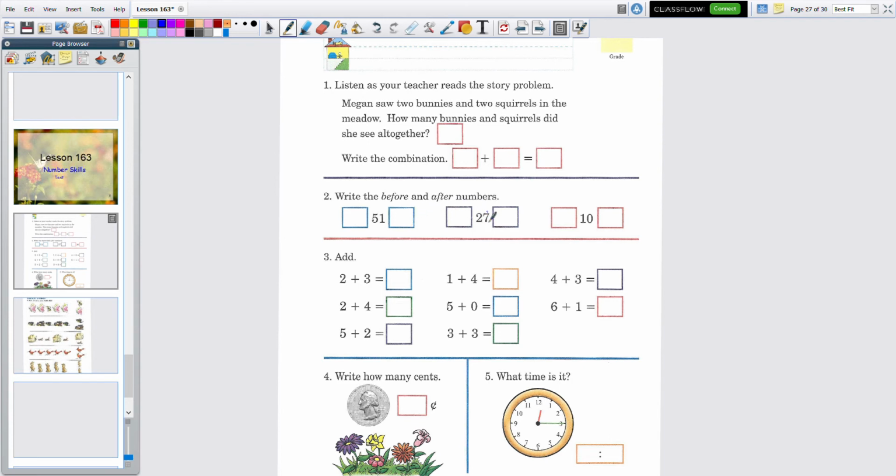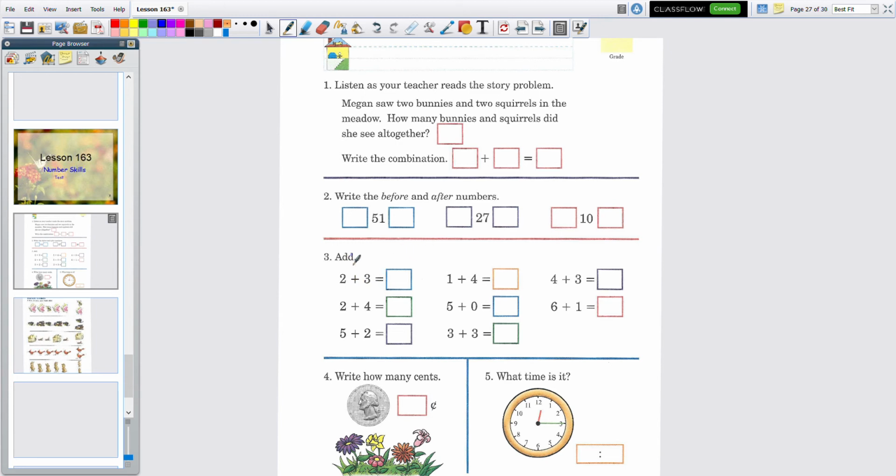This is 27. Do the before number and the after number. This one's 10. You write what comes before 10 and after 10. You can come back to that if you need to. I'm going to go ahead and explain the rest of this. So you'll come back and do all that.